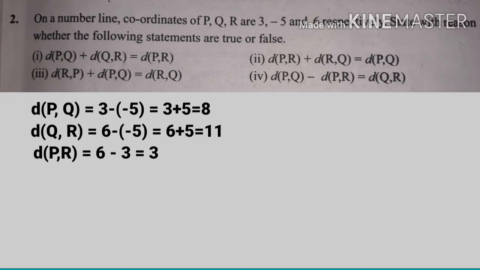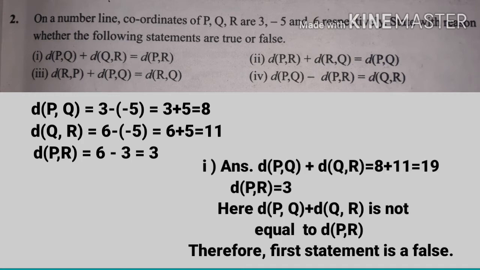Distance QR: |6 - (-5)|, that is 6 plus 5, equal to 11. And distance PR equal to 6 minus (-3)... here we find these distances. Then check the statements one by one.